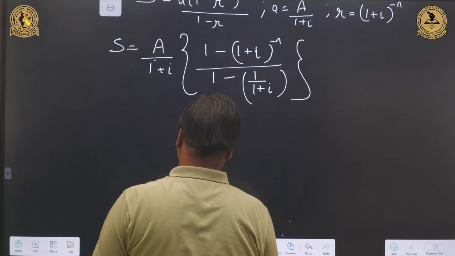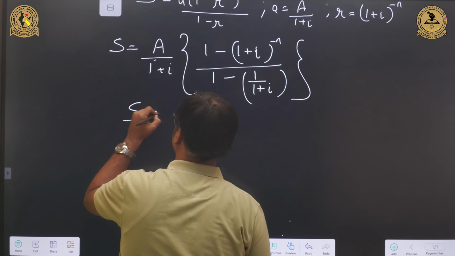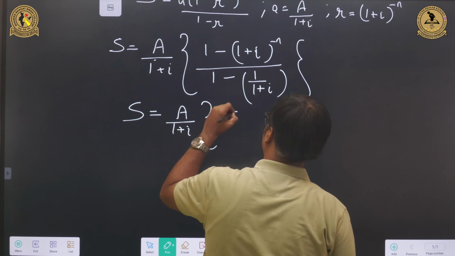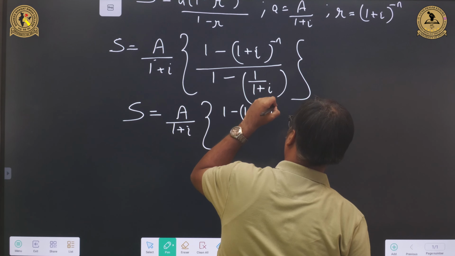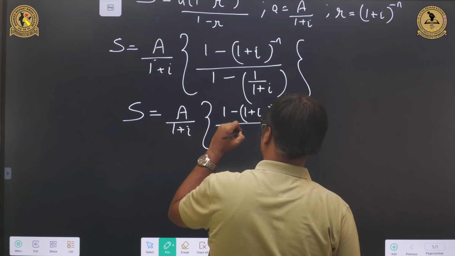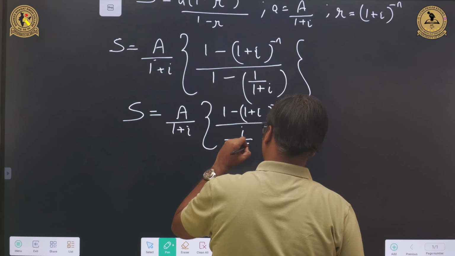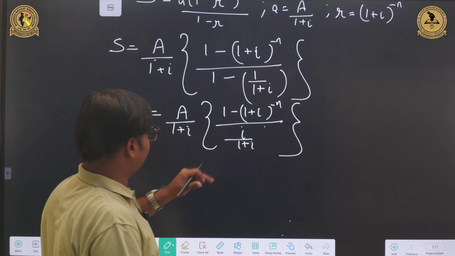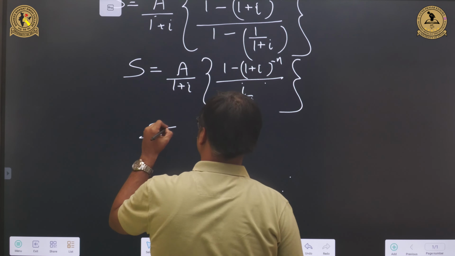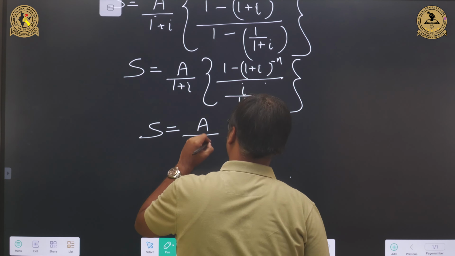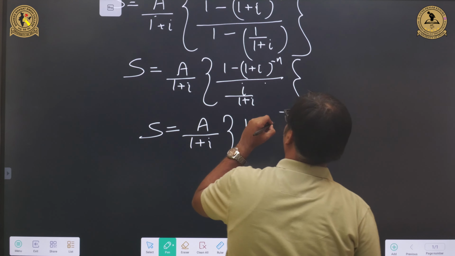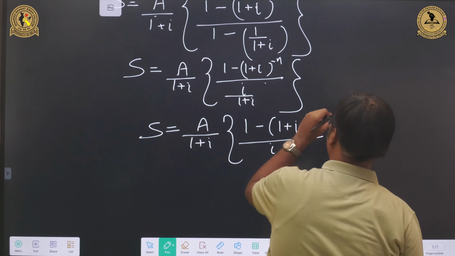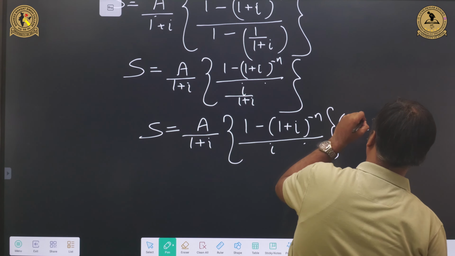Now after putting this information, we can rewrite this equation as follows. So I have rearranged the denominator, which is i divided by i plus 1. Now again rewriting this equation: A divided by 1 plus i, 1 minus (1 plus i) raised to power minus n divided by i and multiplied by 1 plus i.